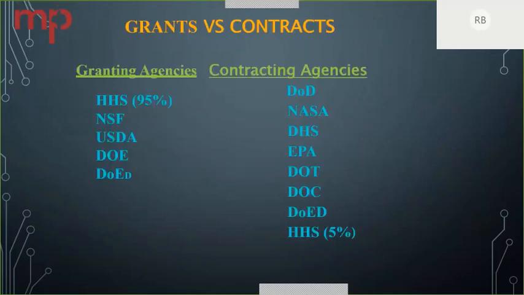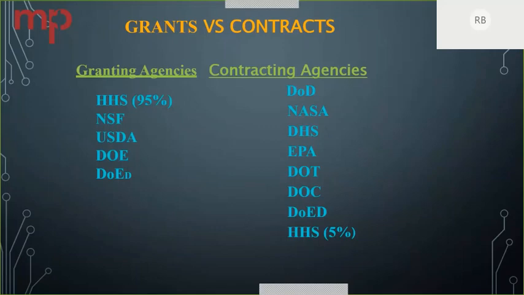Grants versus contracts, the granting agencies, and I mentioned that only 5 agencies do grants, and the rest of them do grants and contracts. So if you look at the HHS, 95% of what they do are grants. Okay?